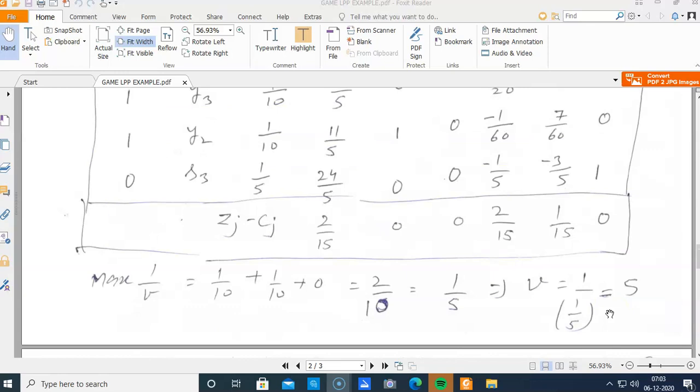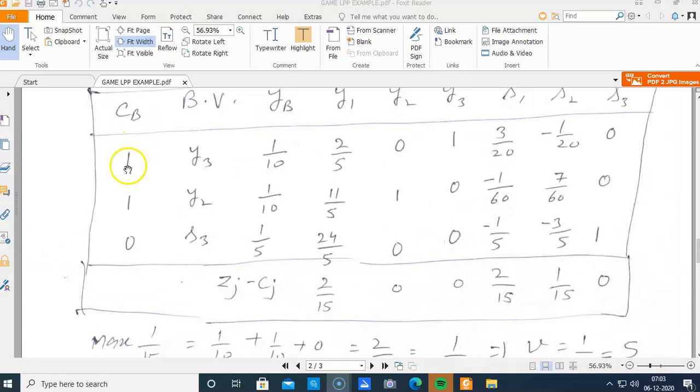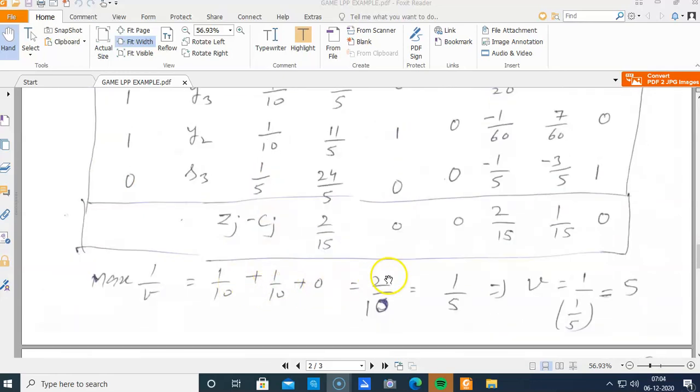And the value of the objective function, maximum 1 upon v, is cB times b, that is 1 into 1 upon 10 plus 1 into 1 upon 10 plus 0 into 1 upon 5, and we get 2 upon 10, that is 1 upon 5. So 1 upon v is equal to 1 upon 5, therefore v equals 5.